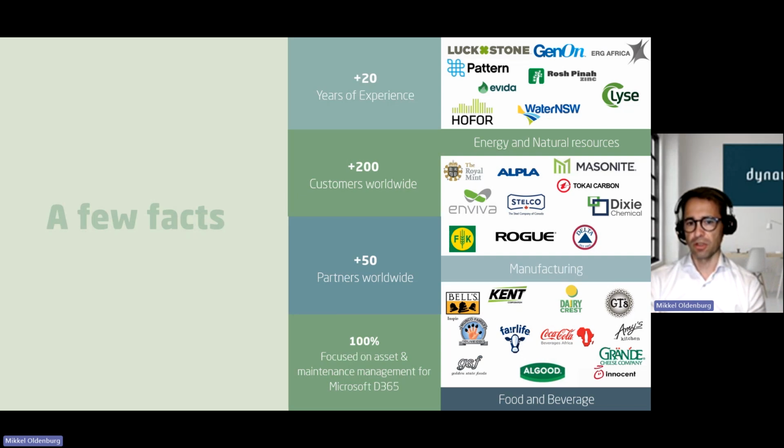That is our focus now, and that's going to be our focus in the future. We have more than 200 customers worldwide and more than 50 partners. On the right-hand side, you can see some logos. Some of them you may know, some of them are probably unknown since we're trading globally, but at least one of them is Water New South Wales, a customer out of Australia, a long-lasting customer.